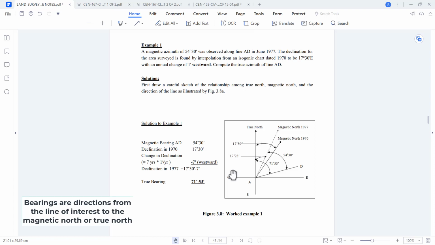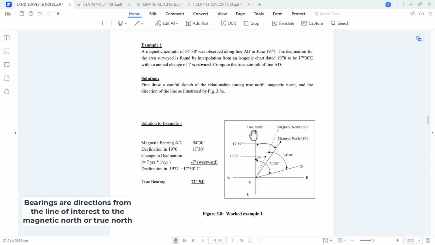So if the magnetic bearing is being given here, it is a shift from the true north. So our magnetic bearing will be somewhere here. It's a shift from the true north. Hope you get me.